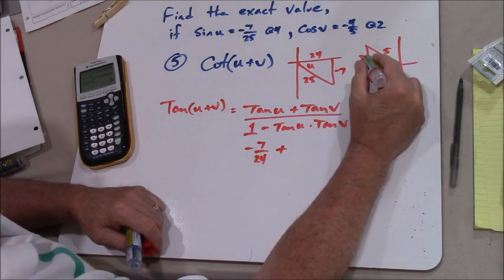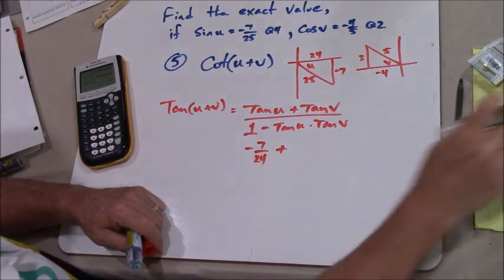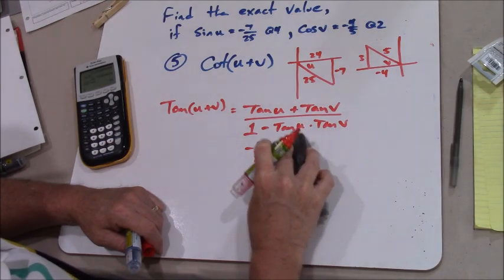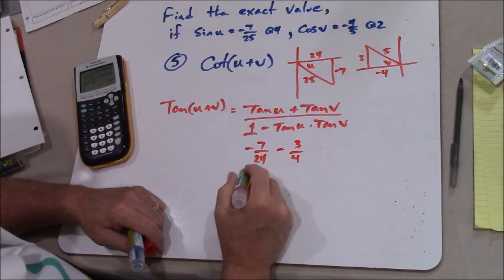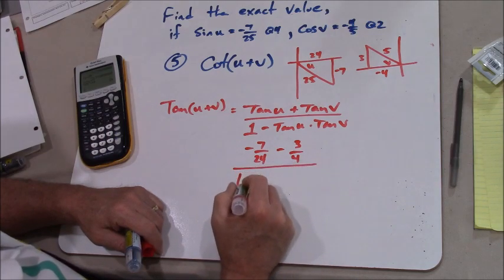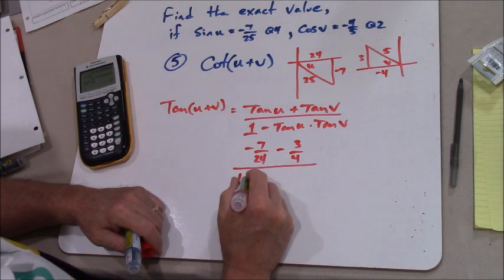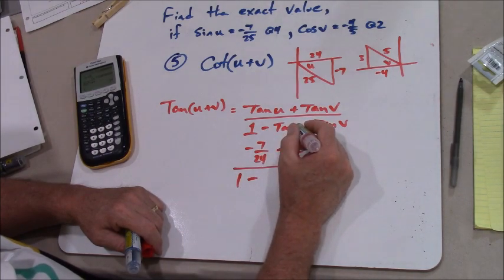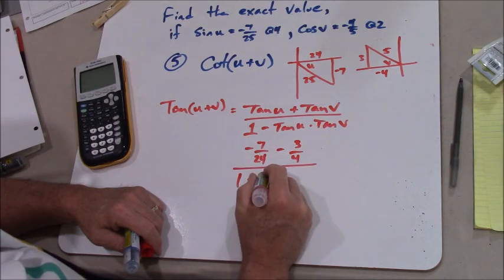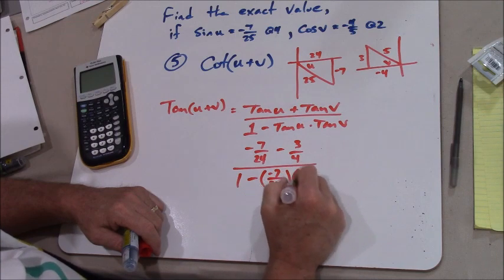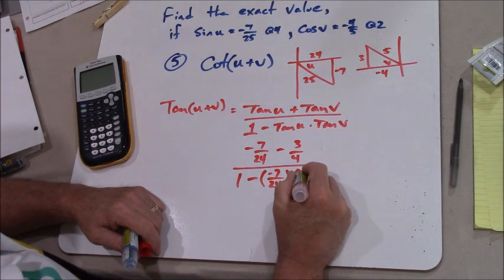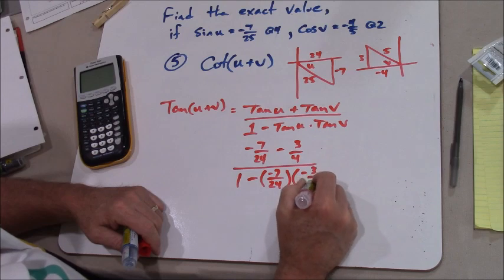Here if I do opposite over adjacent, I get a negative 3/4 over 1 minus tangent U was a negative 7/24. Tangent V was a negative 3/4.